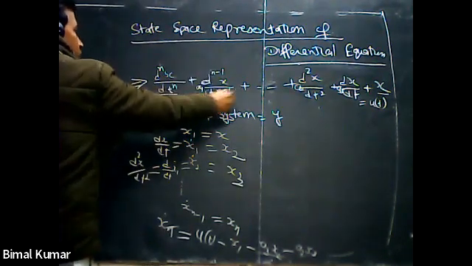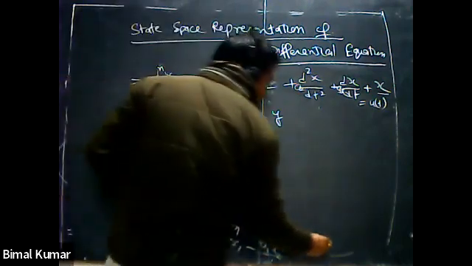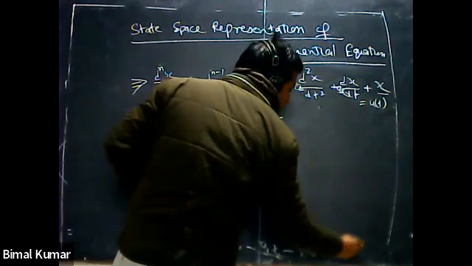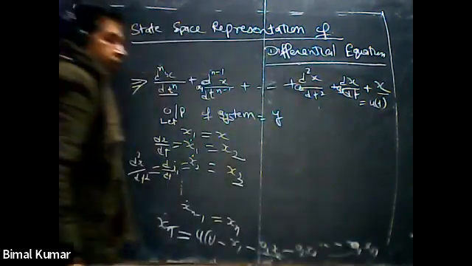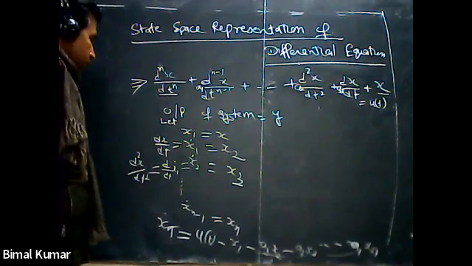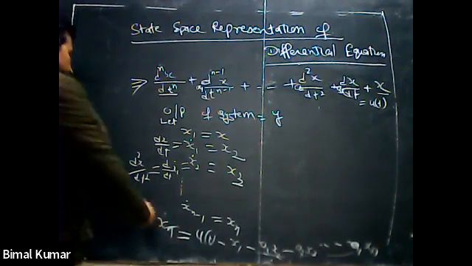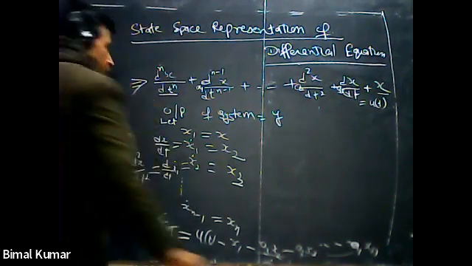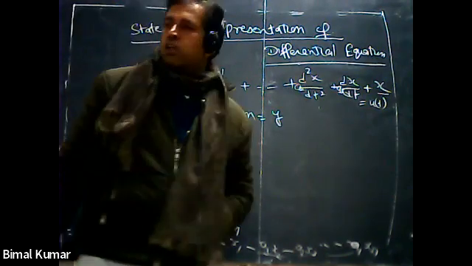This will be your a1, and so on, minus a1 xn, right? So this last equation will be calculated from the given figure.